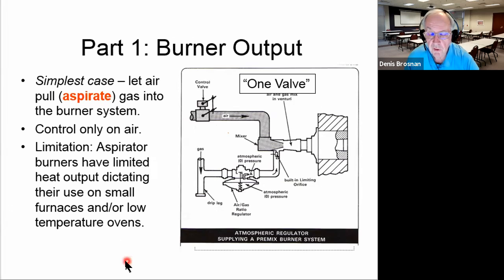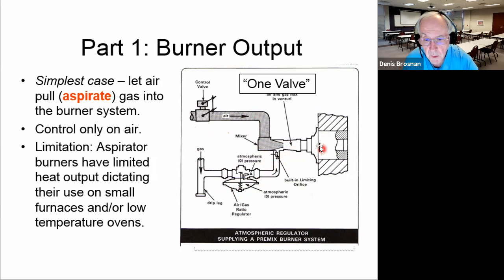Okay, well, the simplest case of a burner is an aspirator system where the air pressure is blowing into the burner housing, and the vortex of the air, the negative pressure on the gas inlet, is causing the gas to aspirate into the burner.